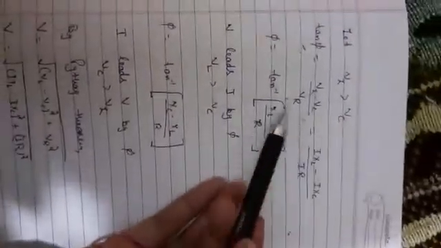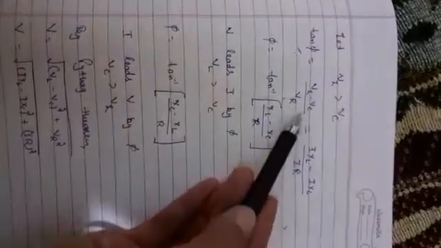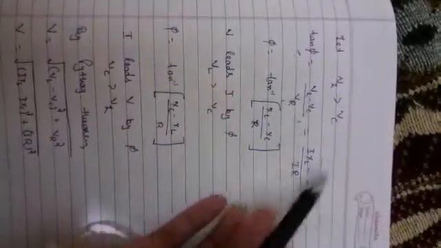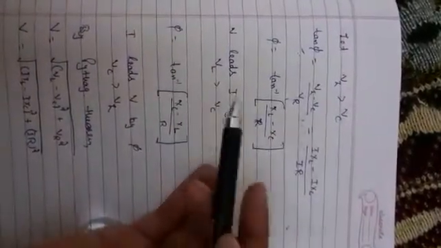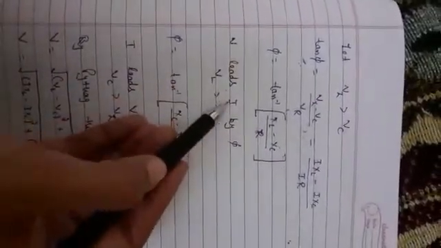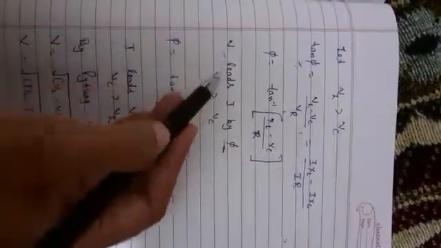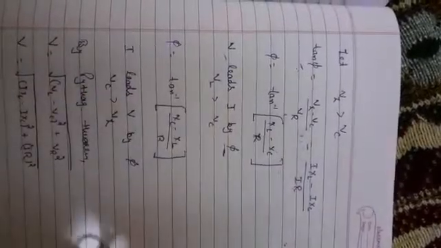If this is my phi angle, VL minus VC is the perpendicular and VR is my base, so tan phi is VL minus VC upon VR, and these equations we have already written for VL, VC and VR. The same I will put over there: VL minus VC divided by VR, IXL, IXC. I'll take I as common and it will get cancelled, so I'll be left with this equation. When V leads I by phase difference phi, obviously VL will be greater than VC.